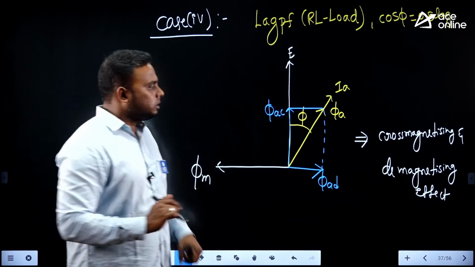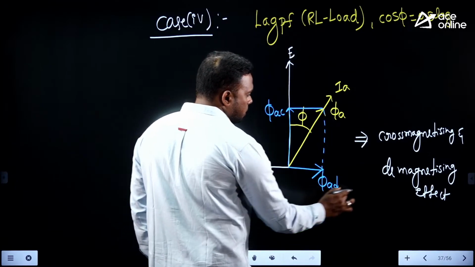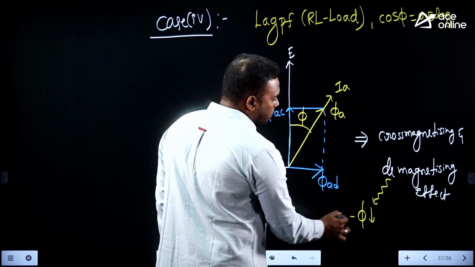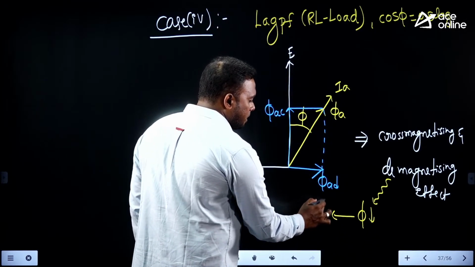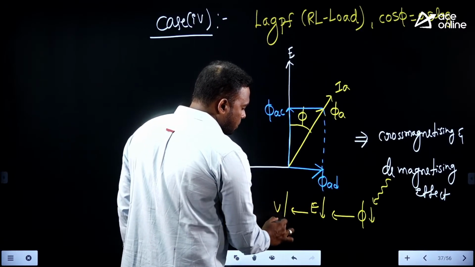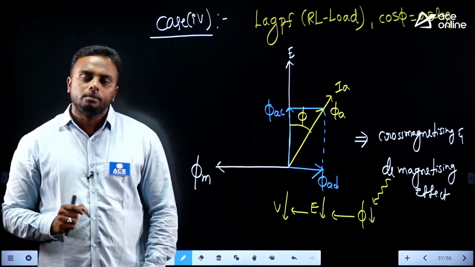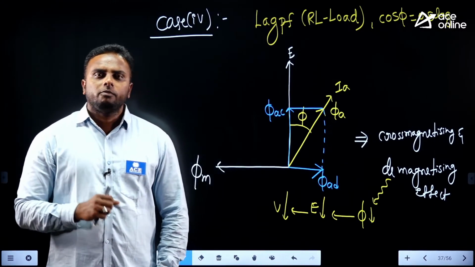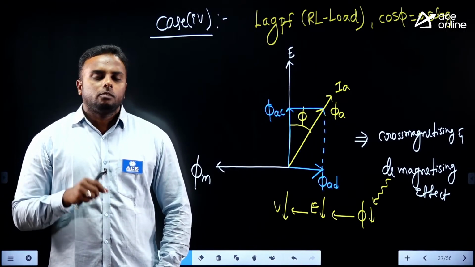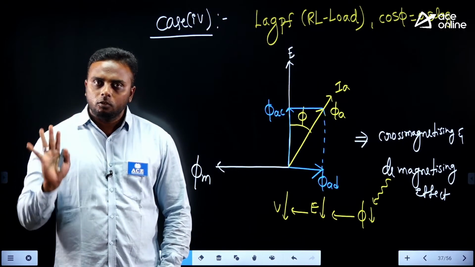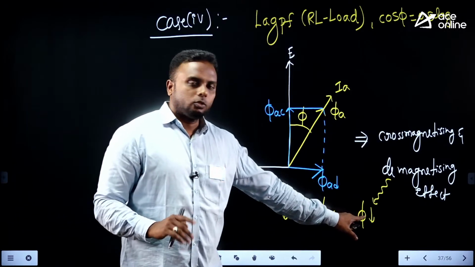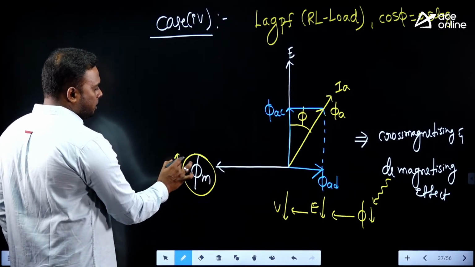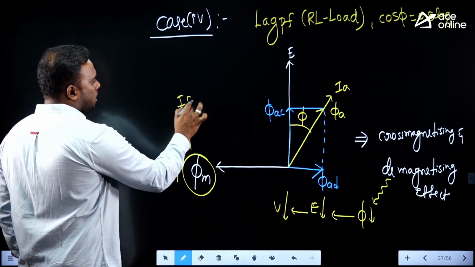When you see the word demagnetize, flux in the alternator reduces. Whenever flux reduces, the EMF of the alternator reduces, the terminal voltage reduces, and some voltage will drop. Then the load voltage fluctuates if a single alternator is supplying. Then what do we have to do? To maintain the same constant voltage at the load, the flux should increase a little bit. How to increase the main flux? By increasing the field current, a little bit.